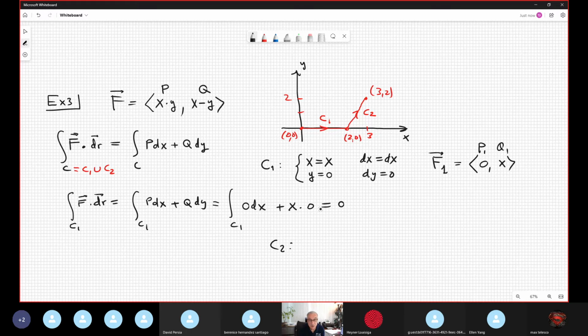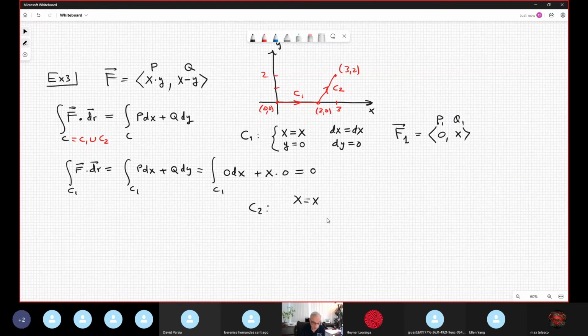C2 is the second part of the curve, in which, of course, x is x. This is the classical natural parameterization, or no parameterization. Why not? Y is the equation for this line. I don't want to explain how you compute that, because everyone knows this very well.